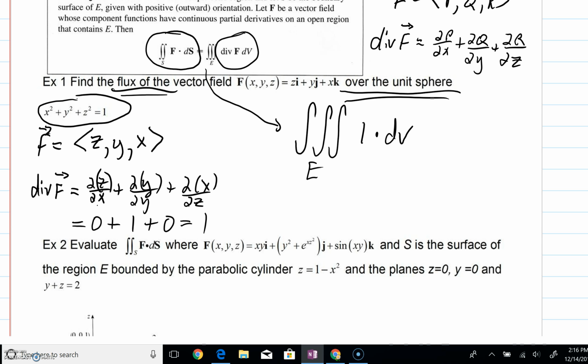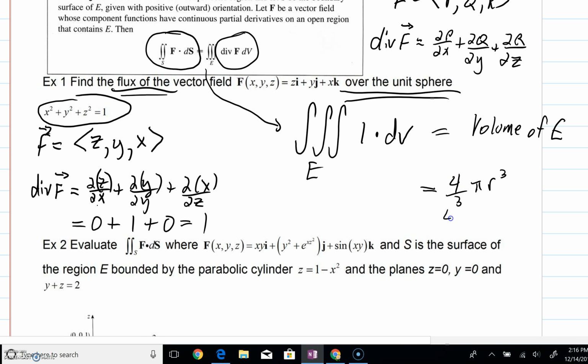Now, of course, we could go to spherical coordinates and think about how to work this out. However, there's a shortcut in this problem. As we look particularly right here, we can see that when you have a 1 inside of this triple integral, this would refer to the volume of that solid E. And the volume of a unit sphere is 4/3 pi r cubed.